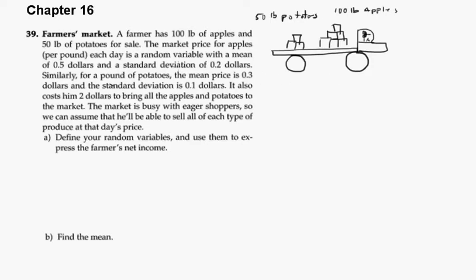So the price varies. So the expected amount for apples. It says here, define your variable. So let's just do that.